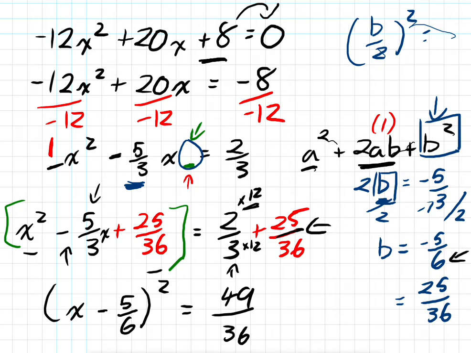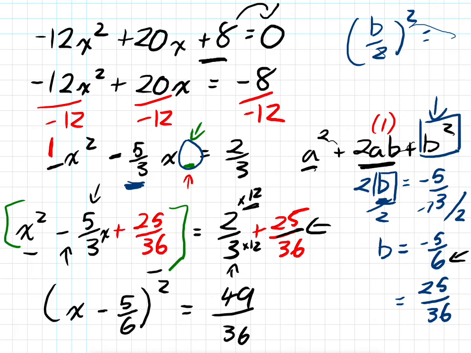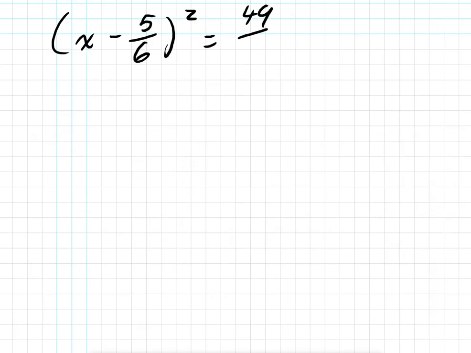I'm going to jump to the next page just for a little bit of room. Remember, we have x minus 5 over 6 squared is equal to 49 over 36. This works out really nicely because what we want to do now is isolate for x. We essentially only have one x on the left side, so we're going to square root both sides of the equation.